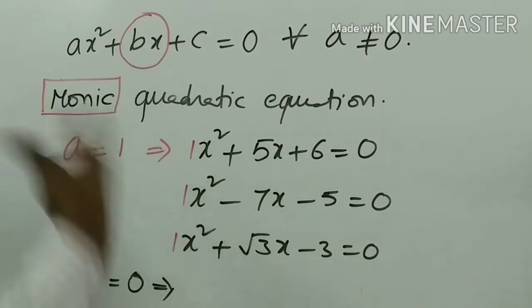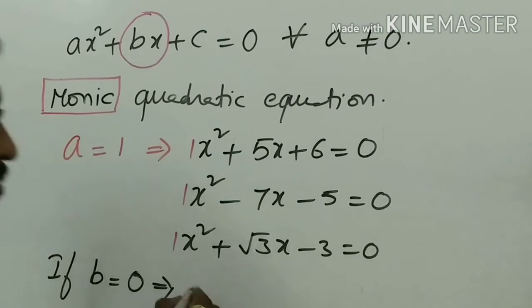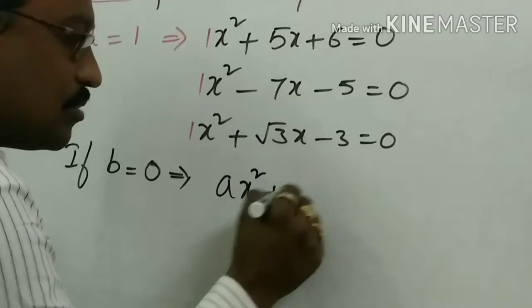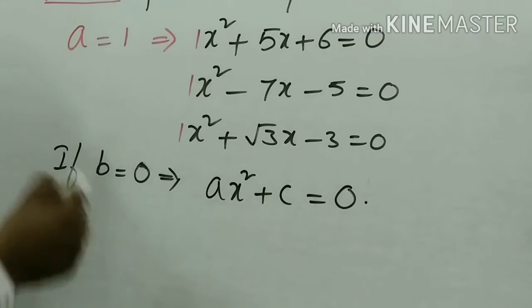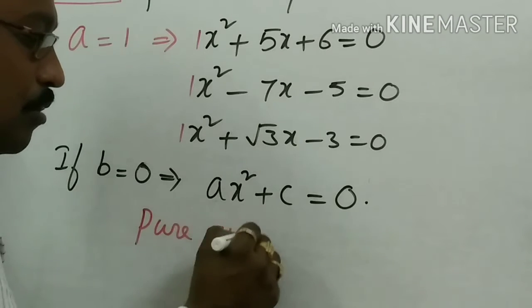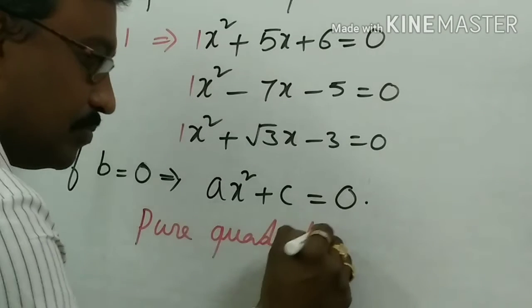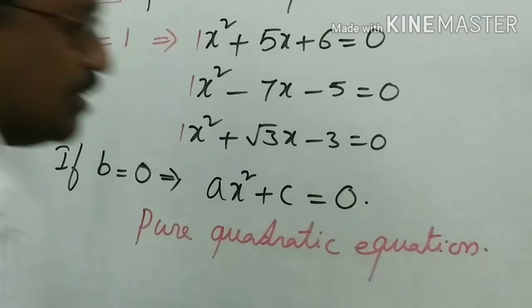If b is equal to 0, what happens? Then we have ax square plus c equal to 0. What type of quadratic equation is it? Then it is called a pure quadratic equation.